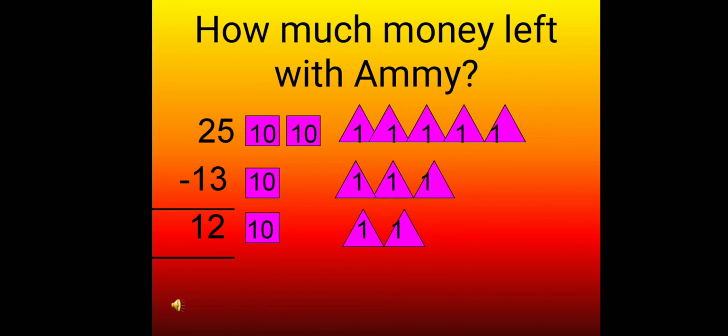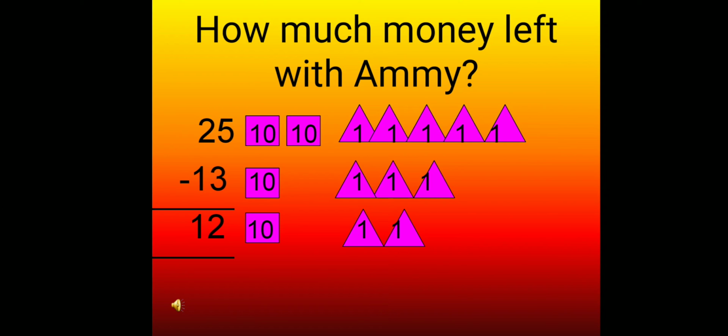As we have seen, Amy has ₹25 and she bought colors for ₹13. So to find the money left, we have to subtract 13 from 25. Look at the picture: in 25 we have 2 tens and 5 ones, and in 13 we have 1 ten and 3 ones.